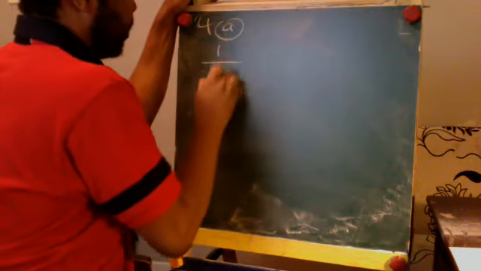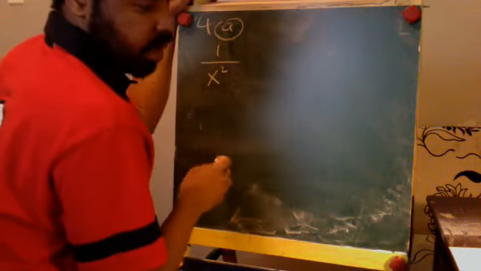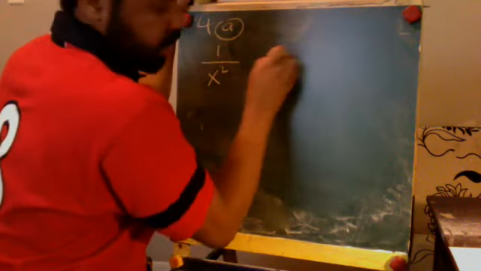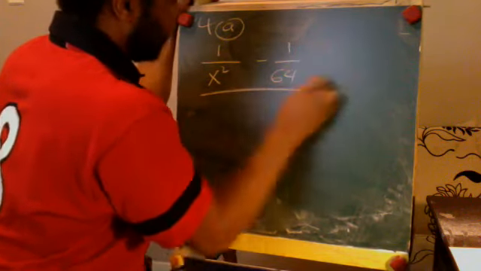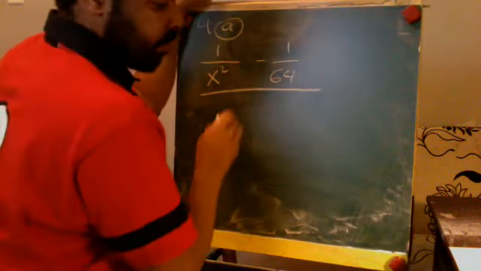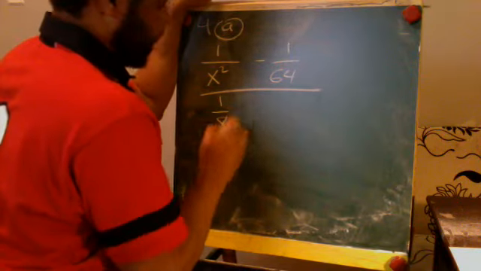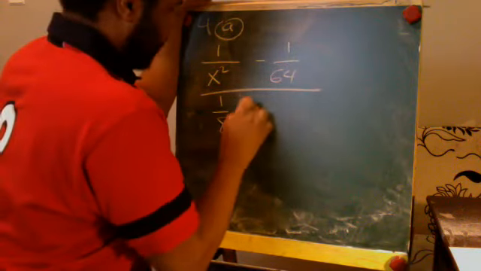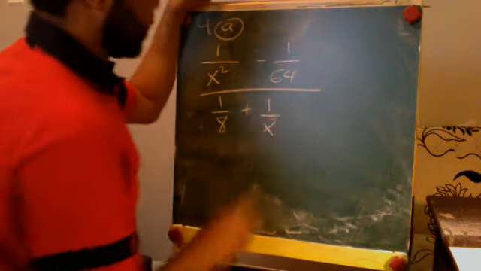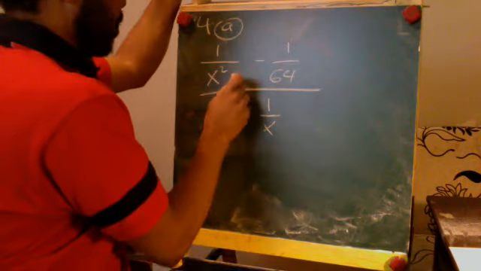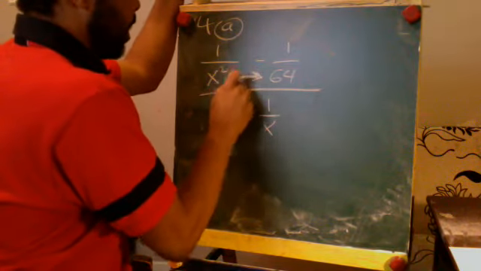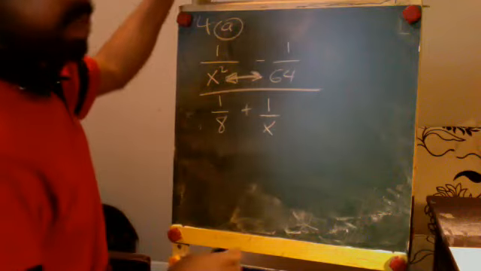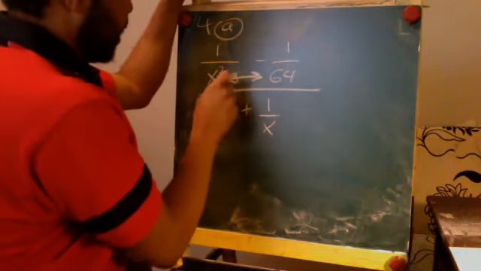So for 4a, I have 1 over x squared minus 1 over 64, and I have 1 over 8 plus 1 over x. So if you multiply the denominators of these two fractions, that's another way to find an LCM. Multiply the denominators of these two fractions.